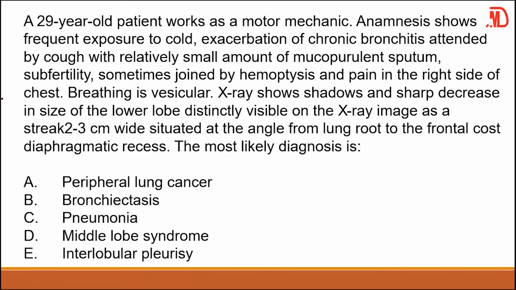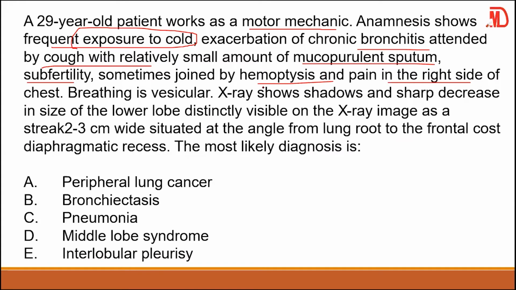A 29-year-old patient works as a motor mechanic. Anamnesis shows frequent exposure to cold. Anytime I remember cold, I remember dummy. Exacerbation of chronic bronchitis attended by the cough with a relatively small amount of mucopurulent sputum. Subfertility or febrile. Anyways, sometimes joined by hemoptysis and pain in the right side of the chest.